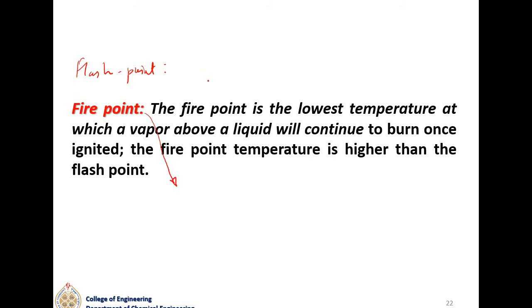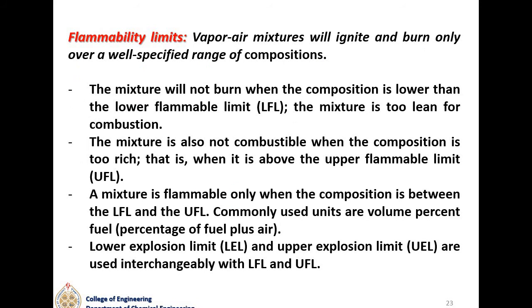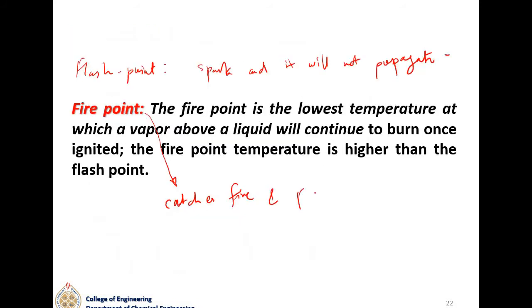With a flash point, it's just a spark and it will not propagate. Here we are talking about something that catches not only a flash or a spark, but catches fire and propagates.